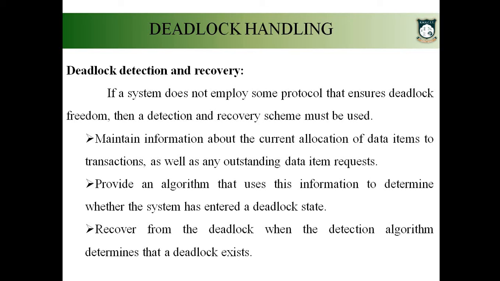All information in the sense, what transactions are presently executing, what data items they have locked presently, and in what modes they have locked. So you have to maintain all that information with you. This is the first step. And the second step is, using that information, you have to detect whether deadlock has occurred in the system or not.